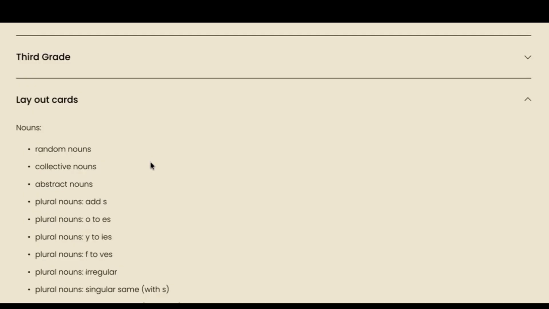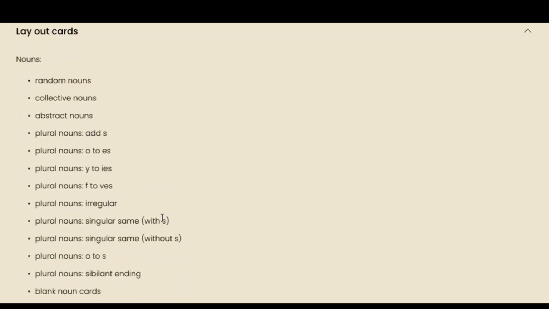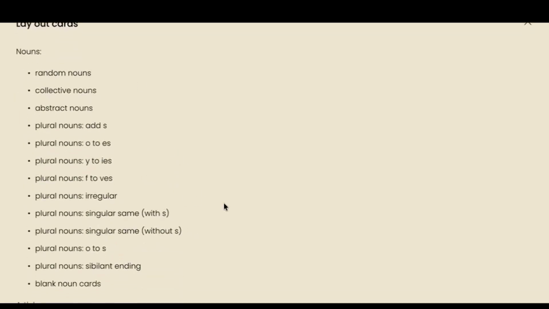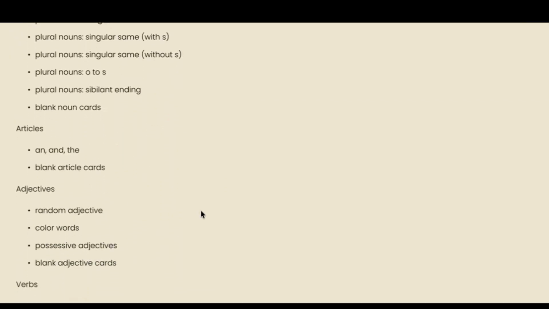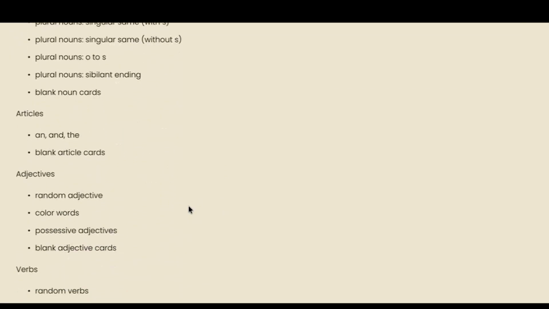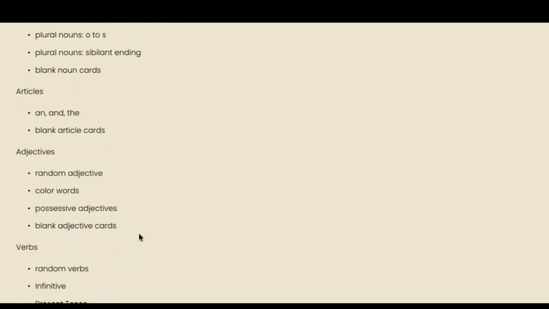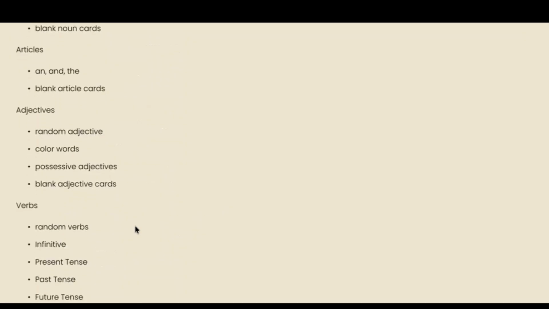Honestly, it's worth it just for these layout things. And then all the different nouns for the second grade stuff, the plural nouns, and then articles, and then again random adjectives, just like pretty and funny things like that. Color words, possessive adjectives to go with that pronoun thing.